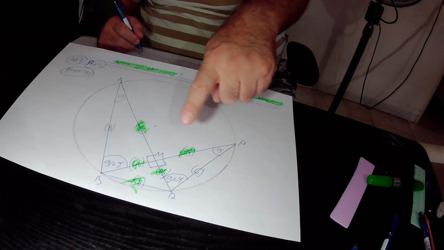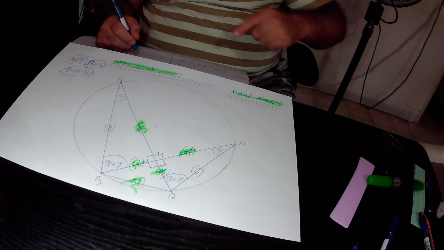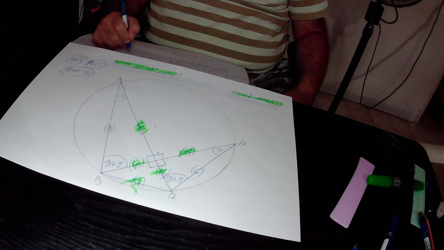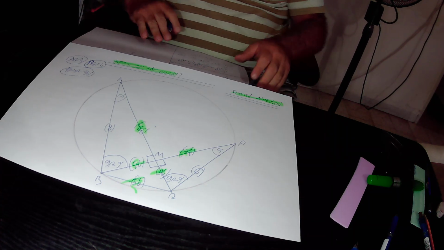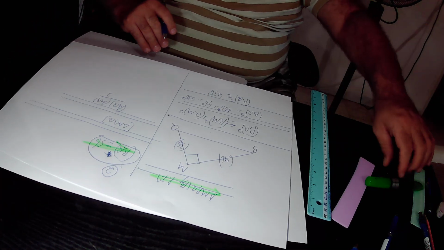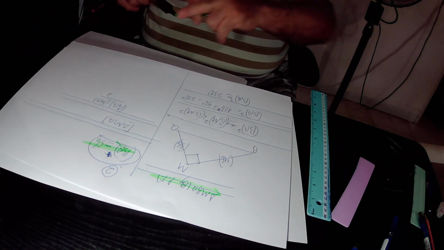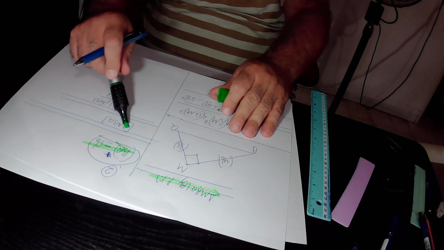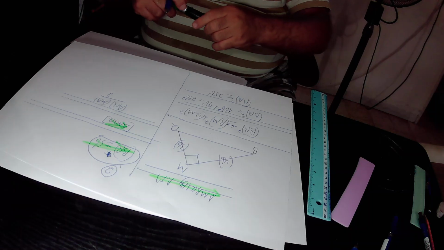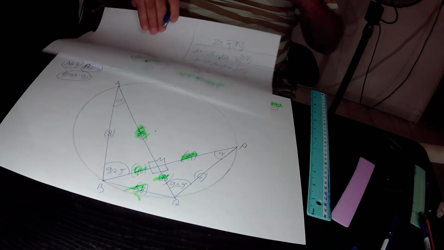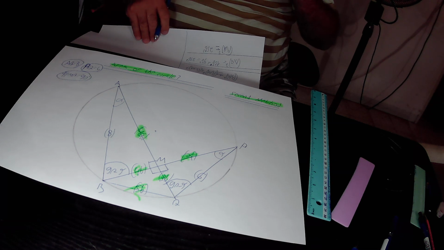Because it creates 90 degrees with the base AQ. So this times MB, the height to the base, divided by 2. So according to the first method, the area of triangle ABQ is equal to the base AQ times the height to the base, that is MB, divided by 2. And it must be equal to the area of triangle ABQ according to the second method.